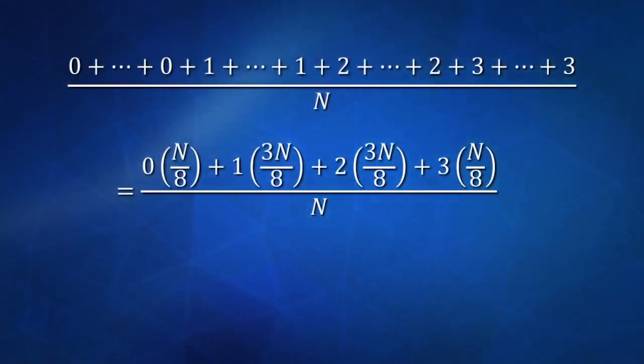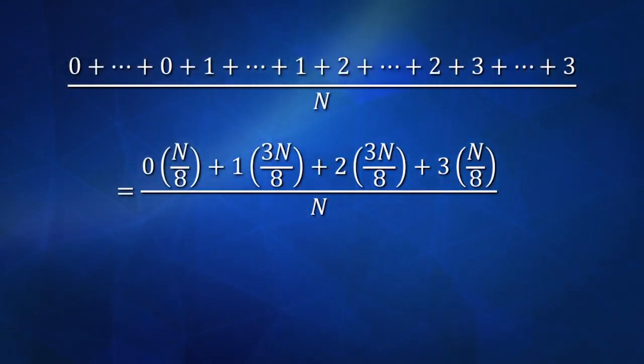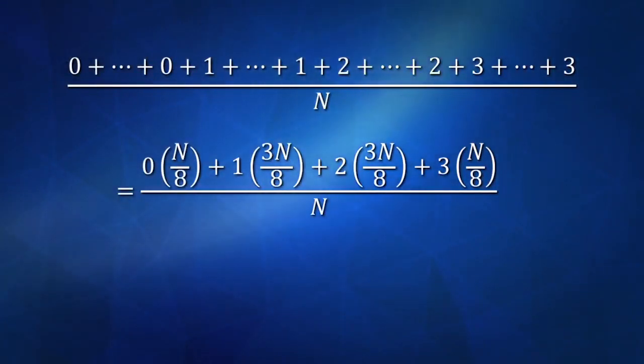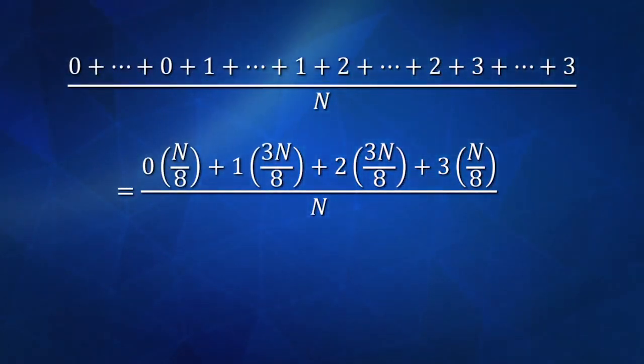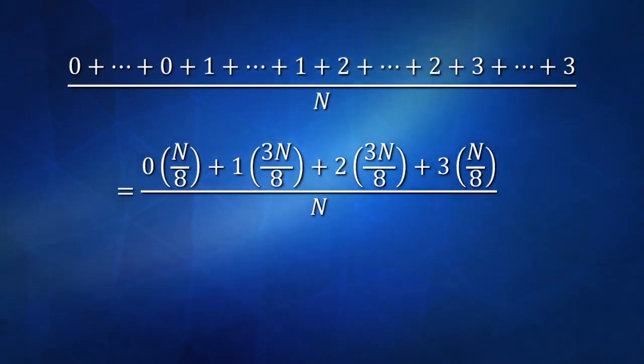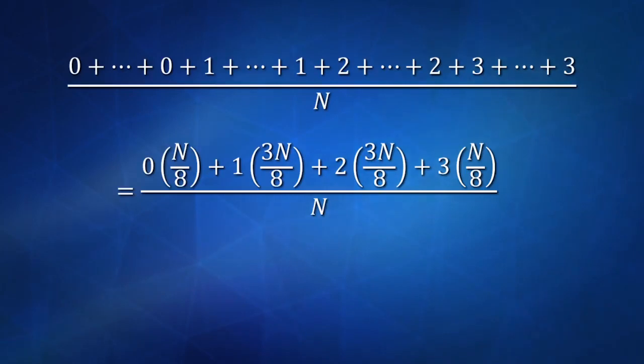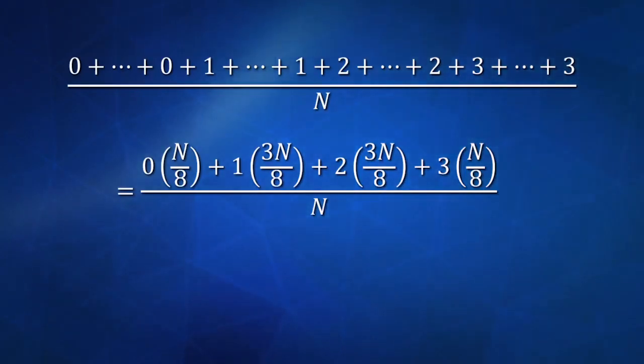My average winning over those n trials would be approximately the sum of each time I won $0, so 0 times the number of times I won 0, which would be n over 8, plus $1 times the number of times I won that, which would be 3 times n over 8, plus $2 times the number of times I won $2, 3n over 8, plus $3 times the number of times I won $3.